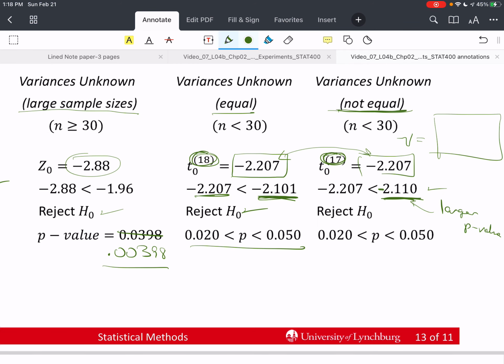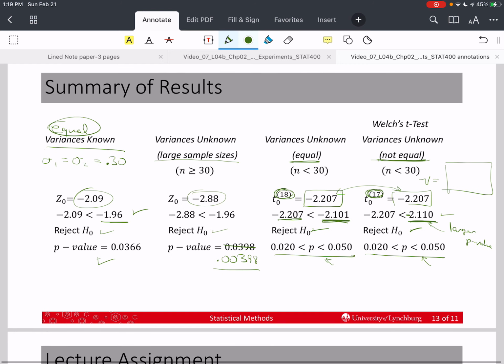Okay, it's a more conservative test. So it's really important that you know whether or not the variances are equal, and if this had been a borderline case, it might be the difference between rejecting and not rejecting the null. Again, the p-value is between 0.02 and 0.05, but it would be closer to 0.05 in this case than in this case. Okay, so that is how we do those tests.